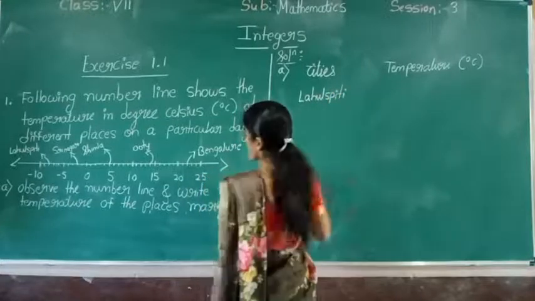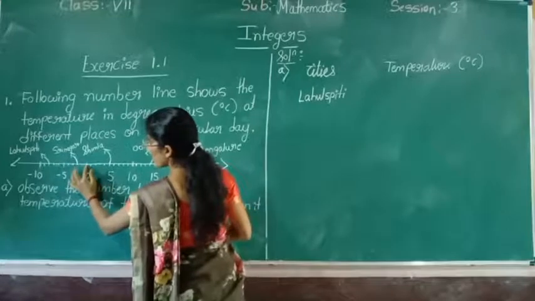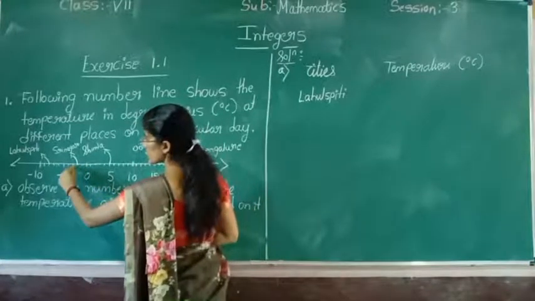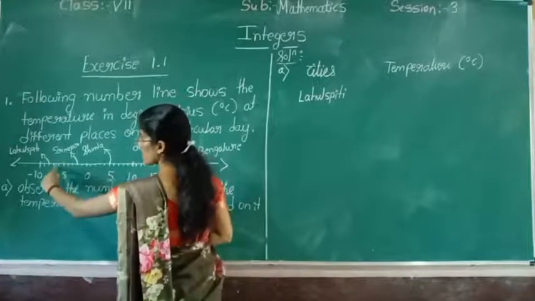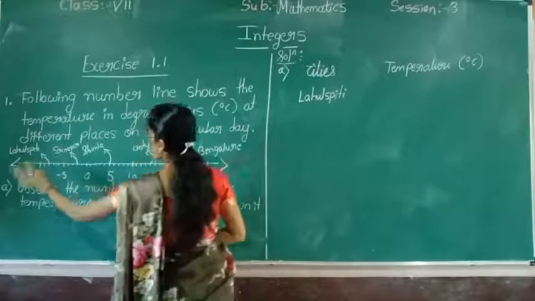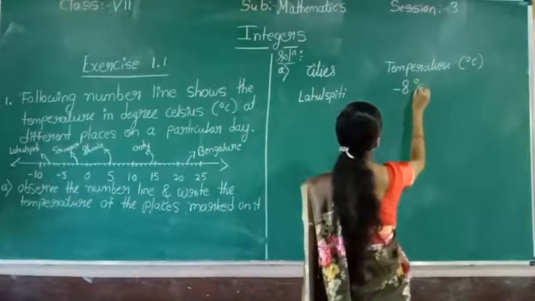Observe the number line. See here: -1 degree Celsius, -2, -3, -4, -5, -6, -7, -8 degrees Celsius. Lahul Spiti temperature is -8 degrees Celsius.